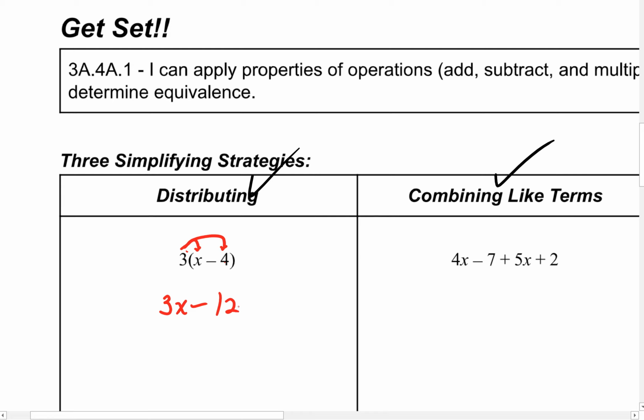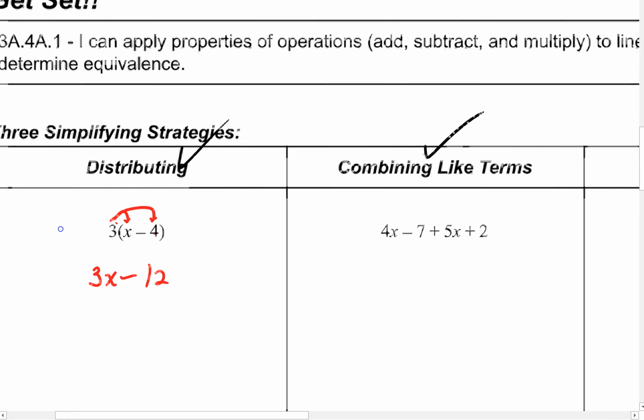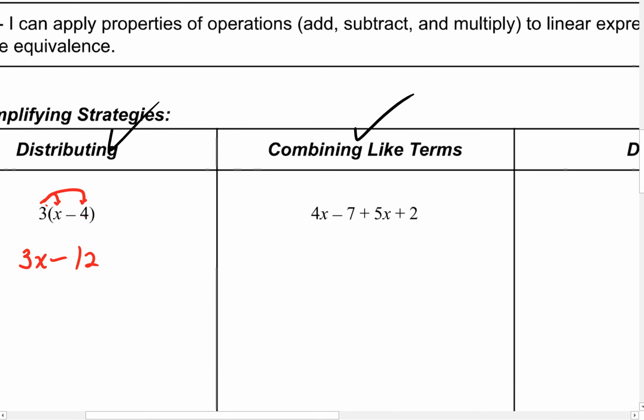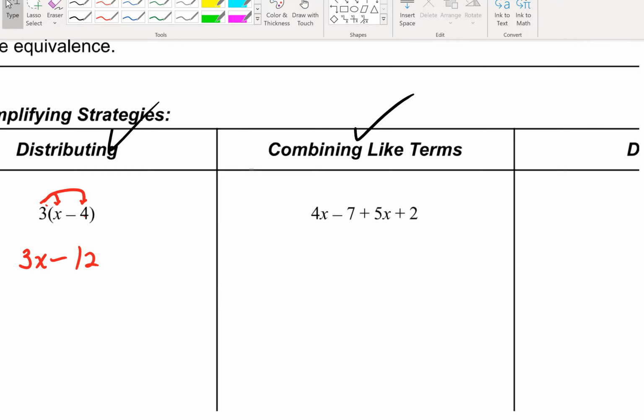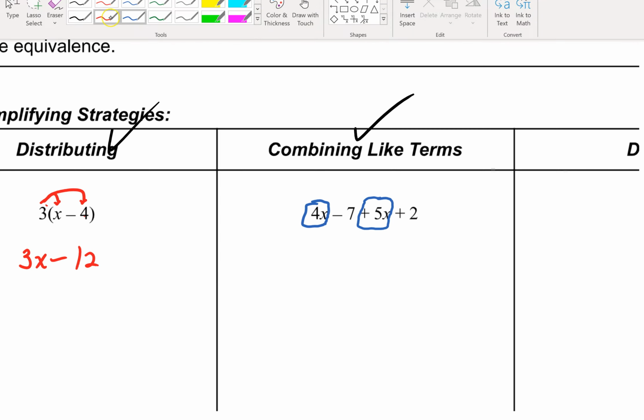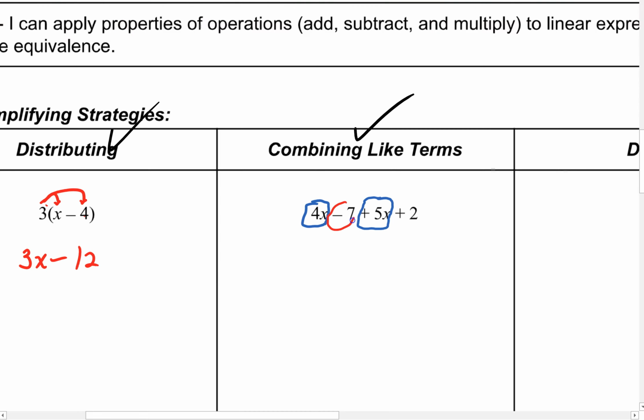We have just distributed. As we take a look at another way that we can simplify, that's going to be combining like terms. As we're looking here, we can see that this expression has 4 different terms to it. The 4x minus 7 and the 5x plus 2. 2 of these terms have x's in them. And 2 of these terms actually don't have a variable whatsoever.